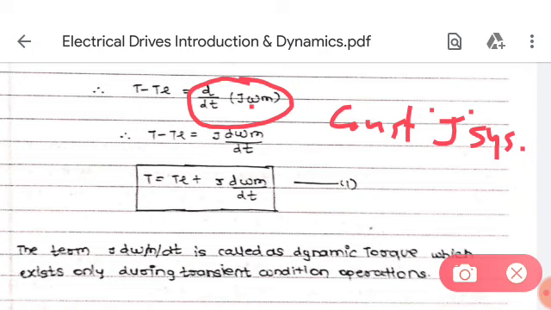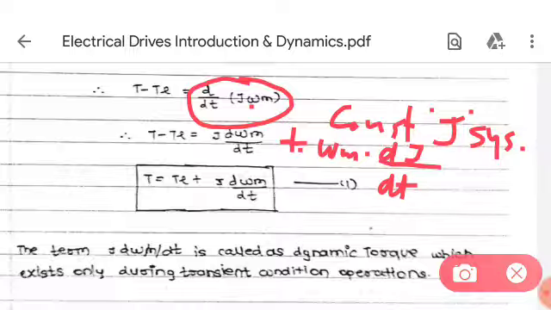So actually there is one more term here. One term is J d omega m by dt, and another term is omega m into dJ by dt. So this is dJ by dt, means change in the inertia with respect to time.